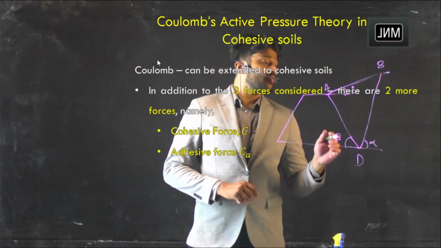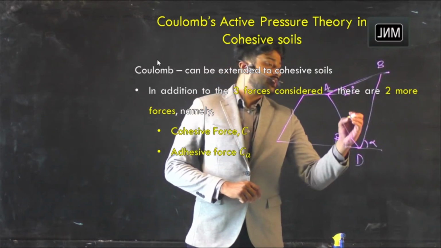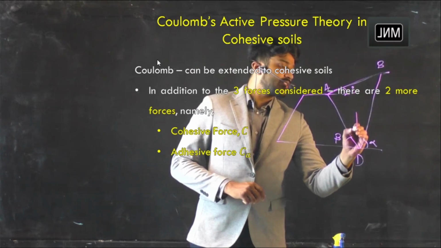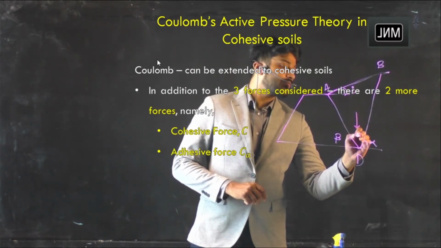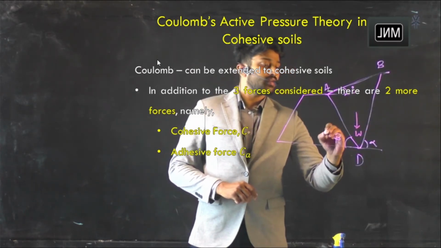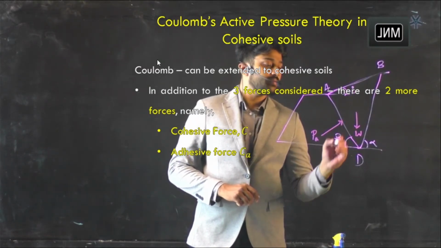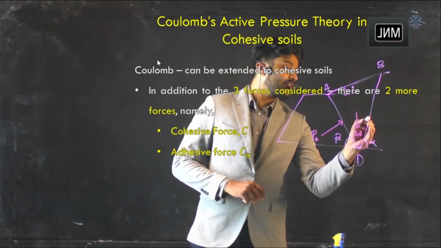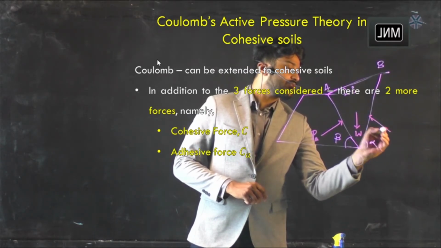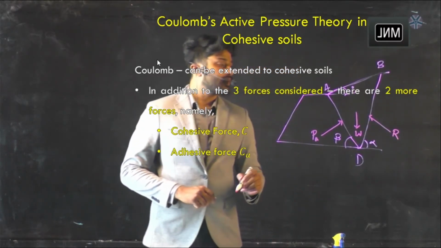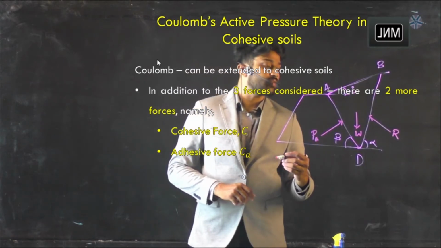So in case of cohesive soils, as usually we will be considering the self weight W, okay, and let there be some passive resistance PA, okay, and let there be the reaction force R, okay, offered by this particular wedge.